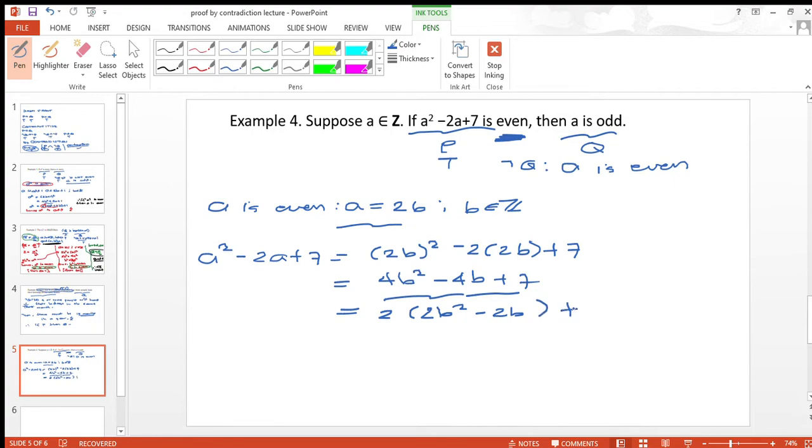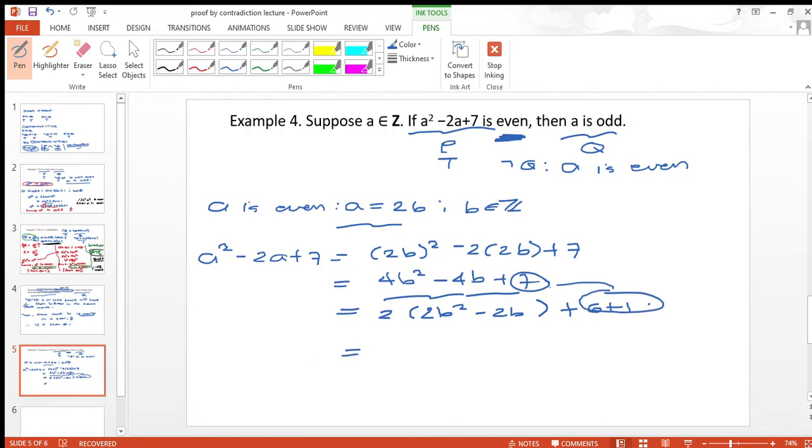Plus 7. But if you like to express that, 7 is the same as 6 plus 1.